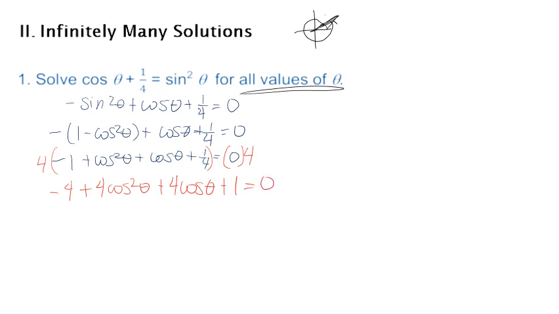Okay, so I end up with 4 times the cosine squared theta plus 4 times the cosine of theta minus 3 equals 0. Now, we need to try and factor this, but that to me is pretty intimidating to factor. So let's go ahead and try and change this over just like we had done in the past. 4x squared plus 4x minus 3.